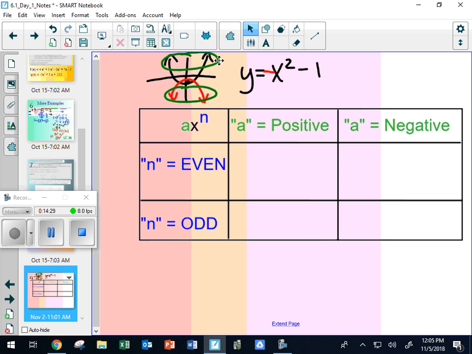And if our degree was even, if we have a quadratic, 2 is even, what would your end behavior look like? What does it look like here? It looks like this, right? They're both pointing up. So our end behavior here is just 2 arrows pointing up at the end. What would your end behavior look like if it was a negative leading coefficient? Arrows down.